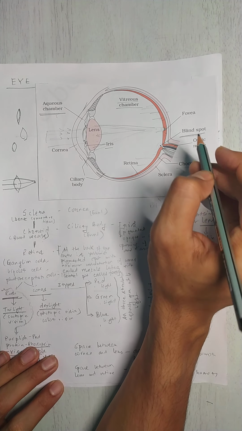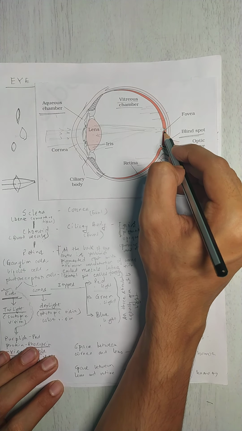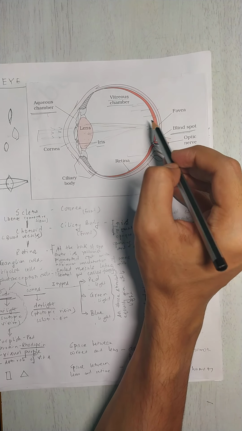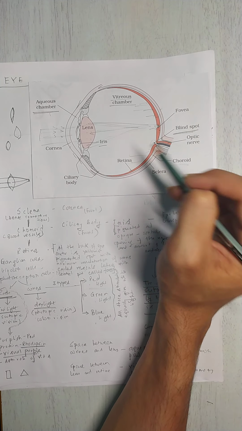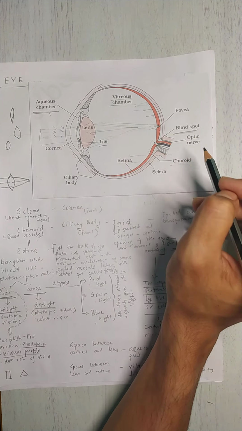You are focused very sharply on your mobile screen, so whatever light from your mobile screen is going to the eye is focusing at the point of the fovea centralis, but the area around you is also being visualized by the eye continuously, but you do not see it very clearly because those lights are being detected by the peripheral part of the retina. Okay, so this is regarding the structure of the eye and how the light is detected by the eye.